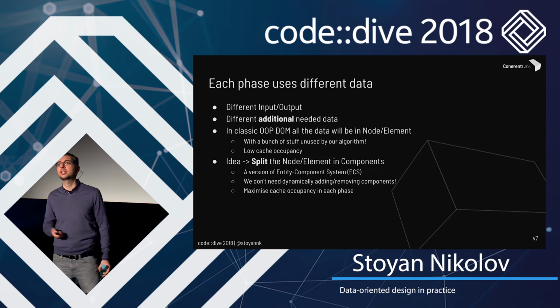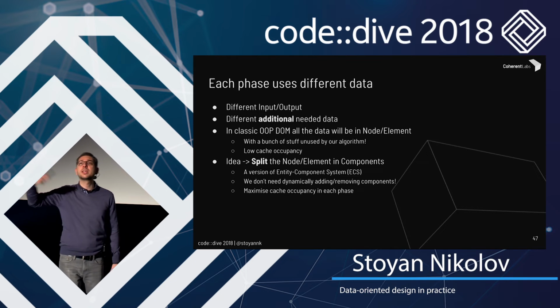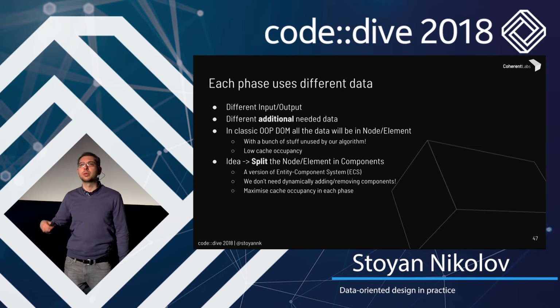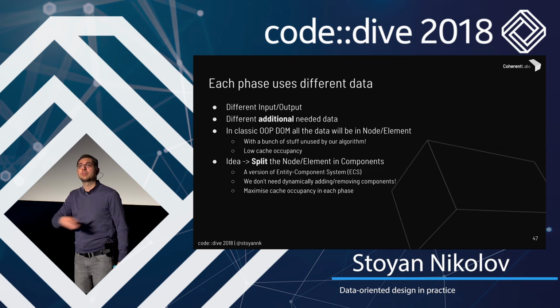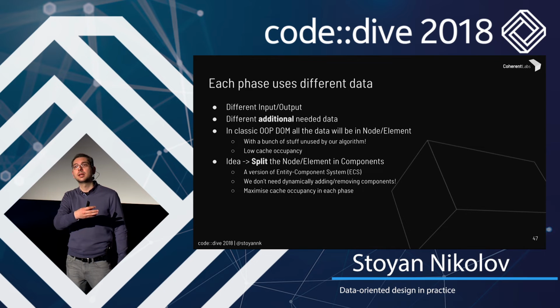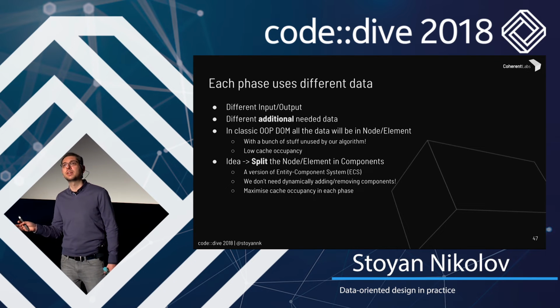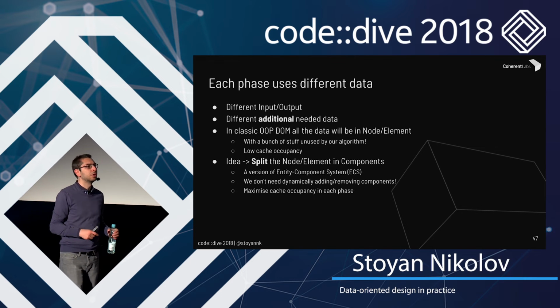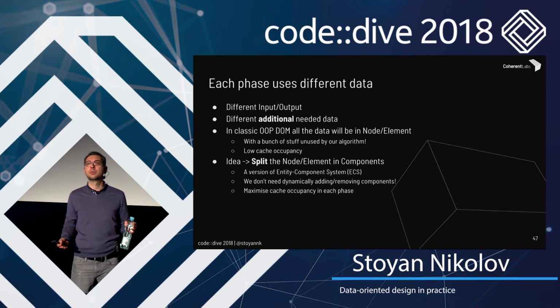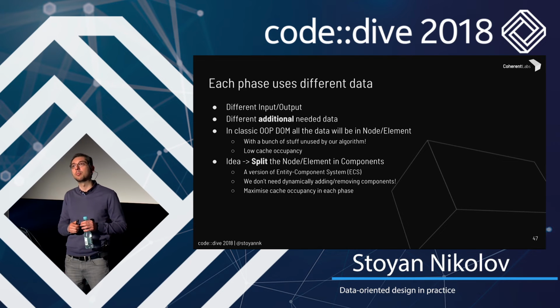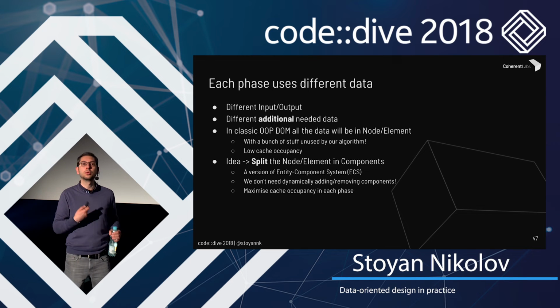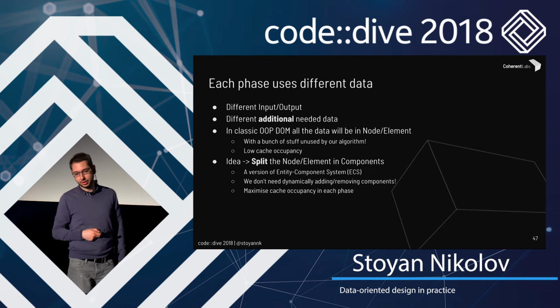It might not be the best way to do it because during phase one, we use a bunch of data from some elements, but other elements come in and clear that data. In phase two, we'll go over some of the same elements, but their data might be already evicted because we're using a lot of data. We would like to use less data in the different phases, or better organized data, in order to do the best we can with our caches.